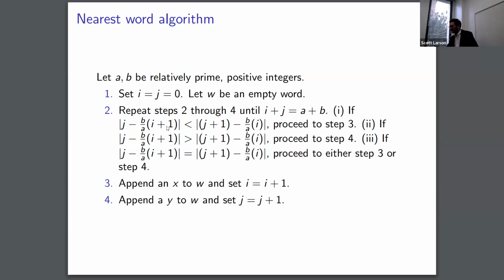If you get the left is less than the right, then you proceed. You add an x. If you get it's greater than the right, you add a y. If they're equal, which only happens if a plus b is even, then you can actually do either step 3 or step 4. And you just repeat that until i plus j is equal to a plus b.